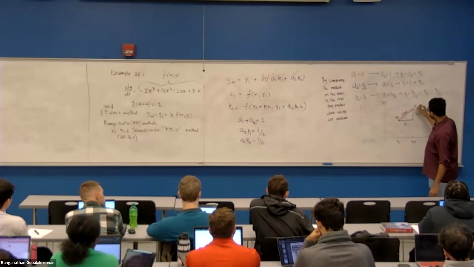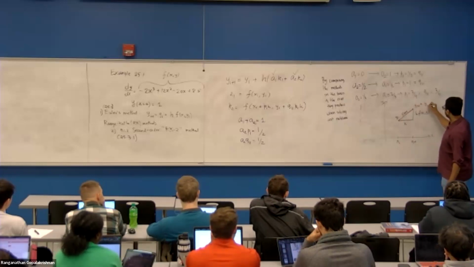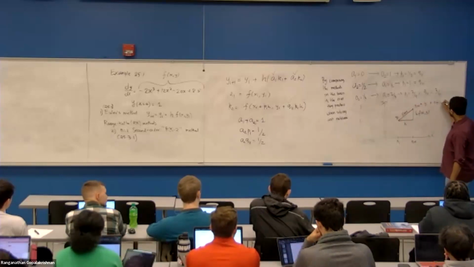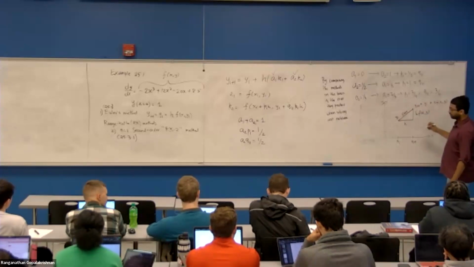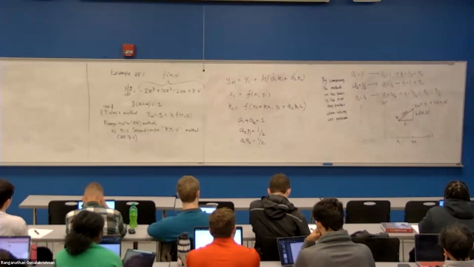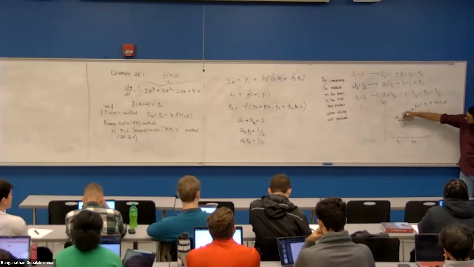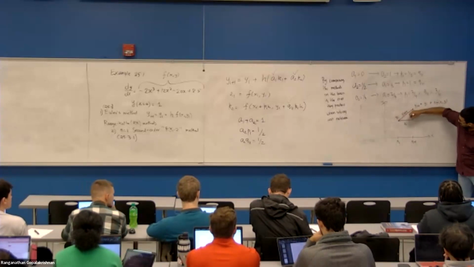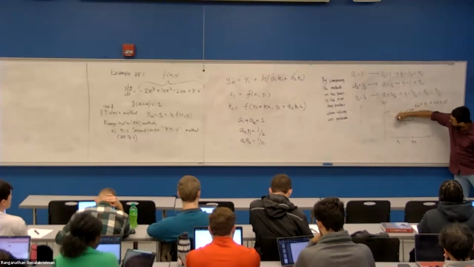So this yi plus 1 is simply yi plus h times f of xi, yi. If you are good with geometry, you would agree with me on this. All I'm doing is taking this point and adding this length to say I've got this length or this level.